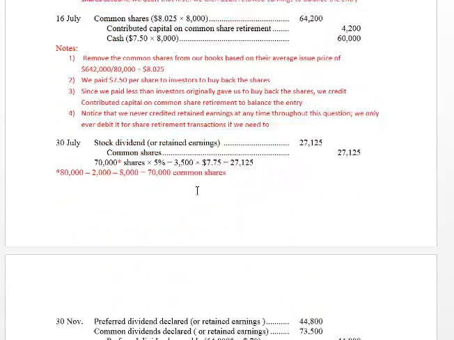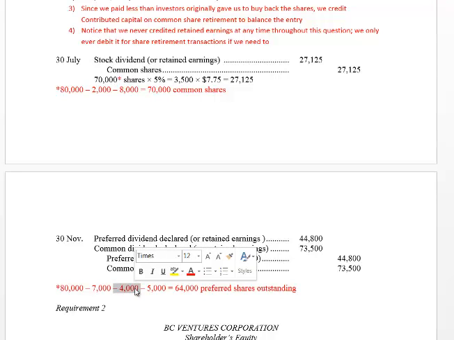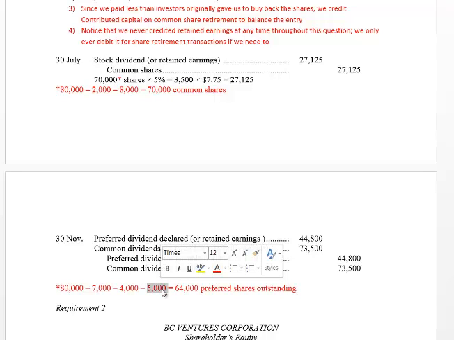So therefore, the 7,000 that we retired on January 15th, as well as the 4,000 we retired on February the 25th, and in addition the 5,000 we retired on April 26th, leaves us with 64,000 preferred shares.